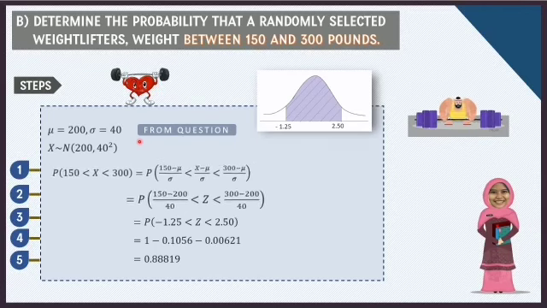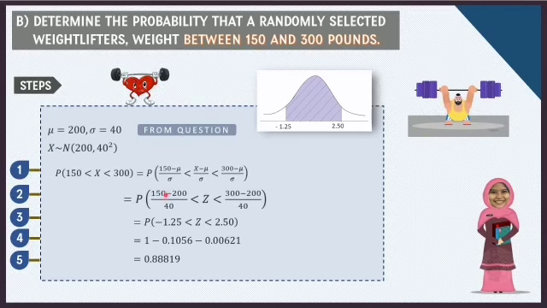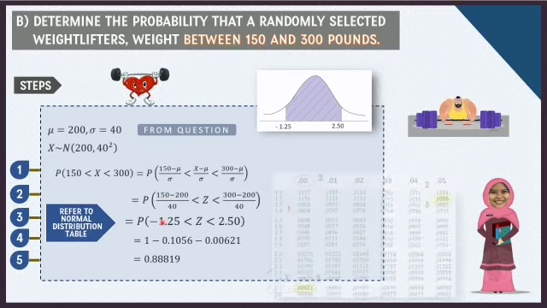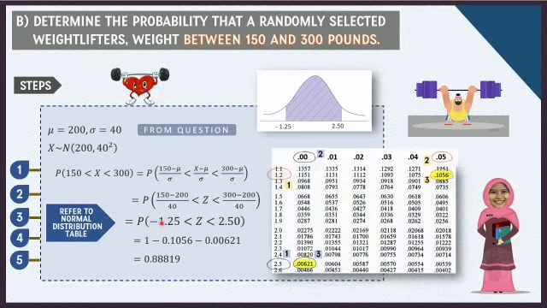Applying the formula z equal to x minus mean divided by standard deviation, we will get the probability of z more than negative 1.25 and z is less than 2.50. First, we need to find the value of z, 1.25, in the normal distribution table.